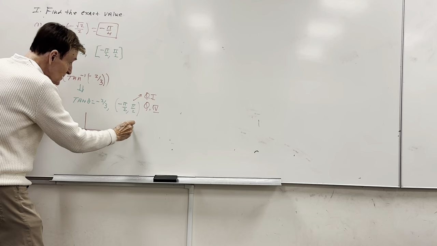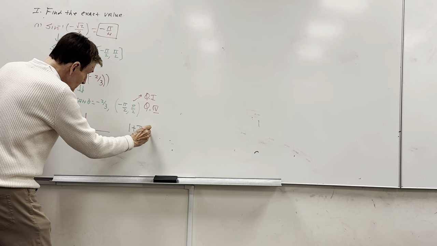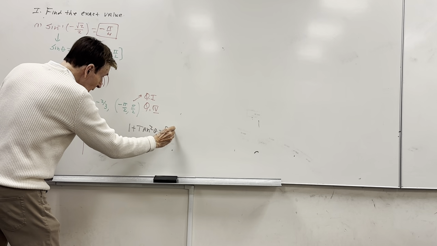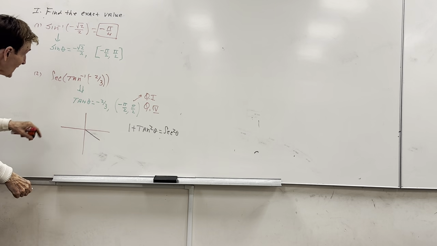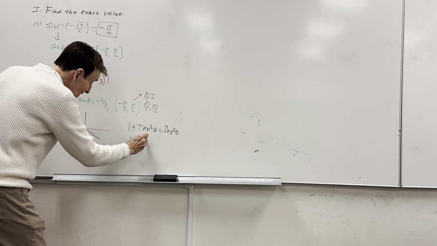What was it? 1 plus tan squared is equal to what? Secant squared. If I use it in the raw form as the identity, I know tan is negative 2/3, so I could replace that.